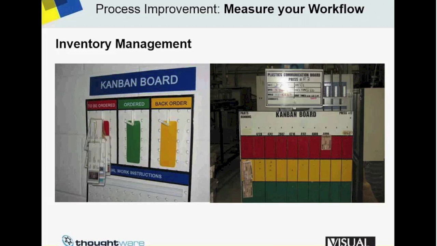A Kanban is a signal that authorizes production or purchase when required. This gives us an adaptive, real-time, self-correcting planning system that automatically controls our inventory. But most important, Kanban is the most powerful continuous improvement opportunity if we learn to practice one less.